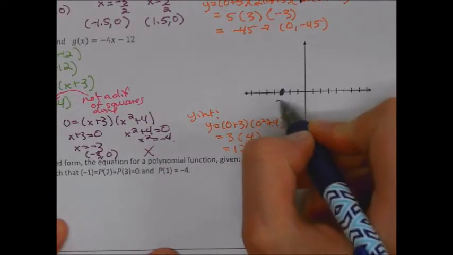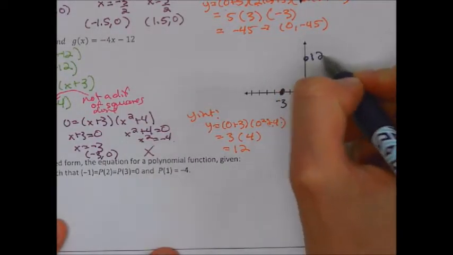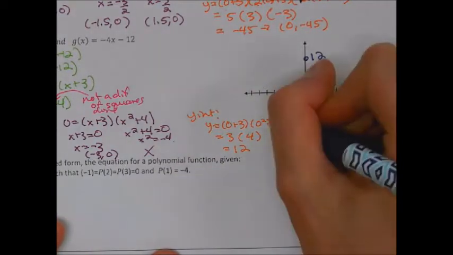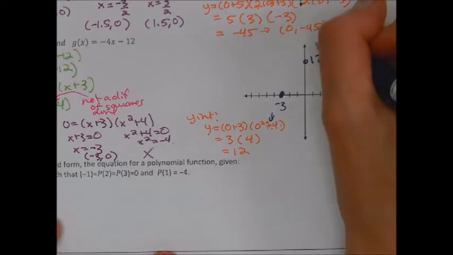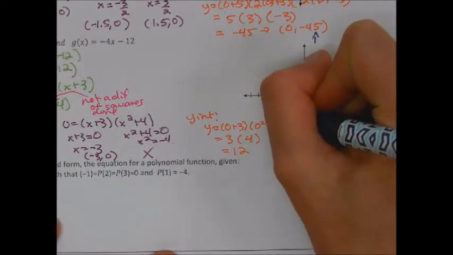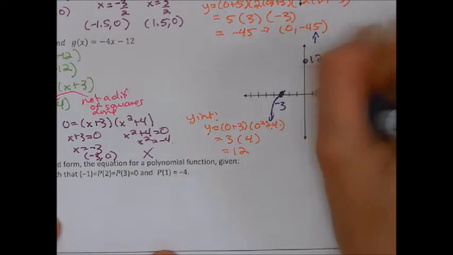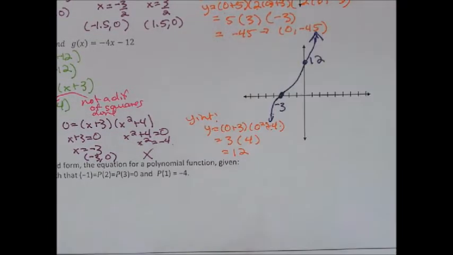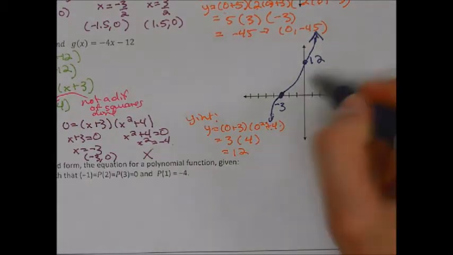X-intercept at negative 3, y-intercept at 12. We are down, up. So down, I have nothing else to go through, so I'm just going to go up. And there's my graph.